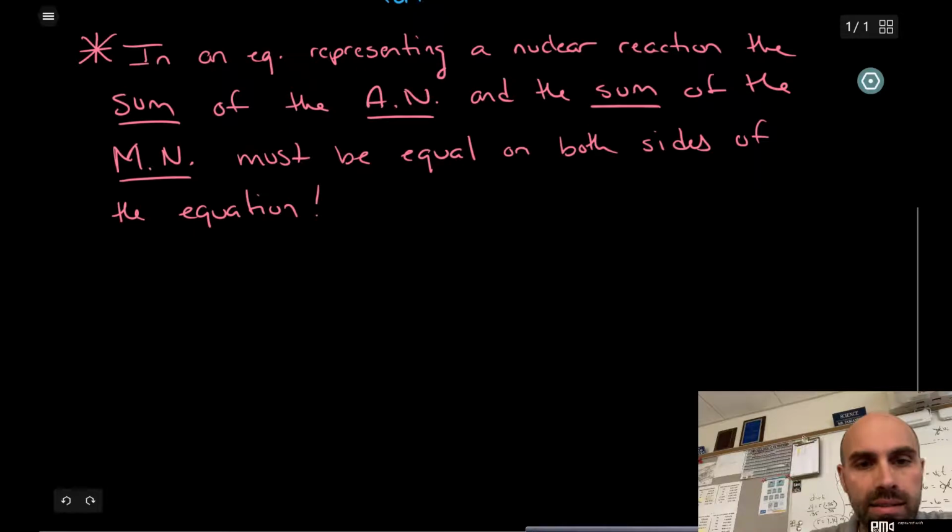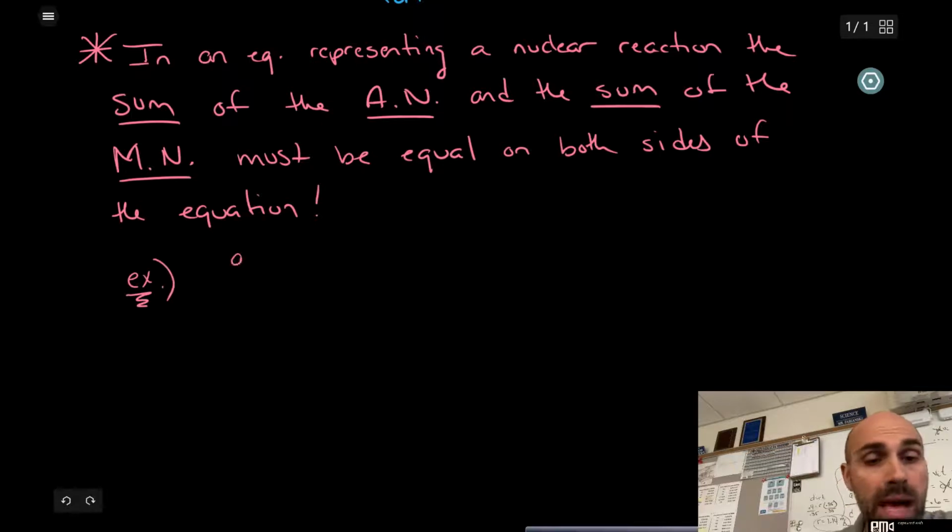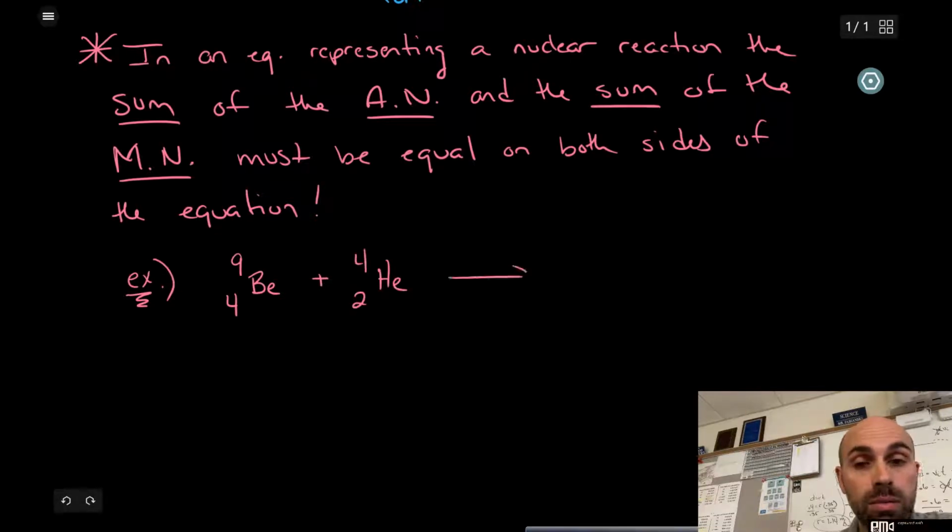So let's take a look at an example down here. So in this example, it looks like we're doing beryllium, a mass number of 9, atomic number of 4. And we're going to be combining that with a helium atom, mass number of 4, atomic number of 2. When these two nuclei hit each other, they produce a carbon atom.